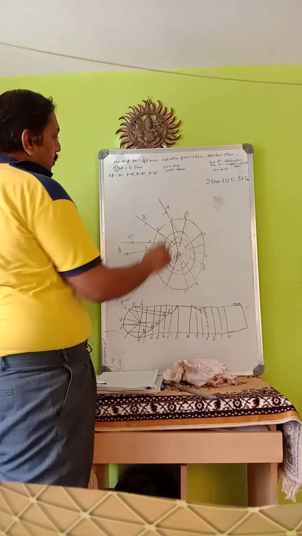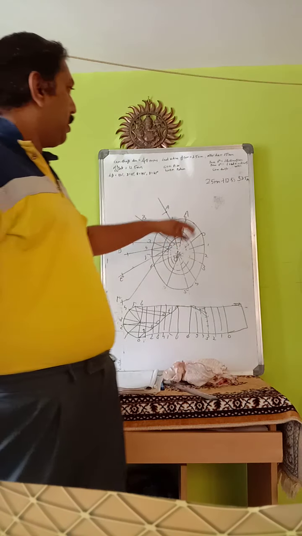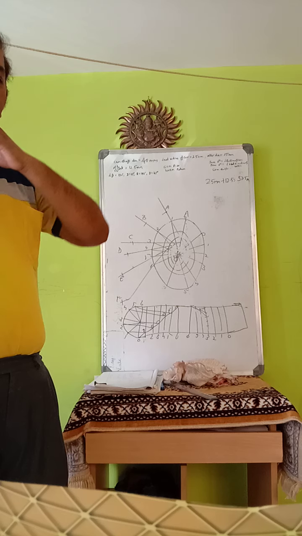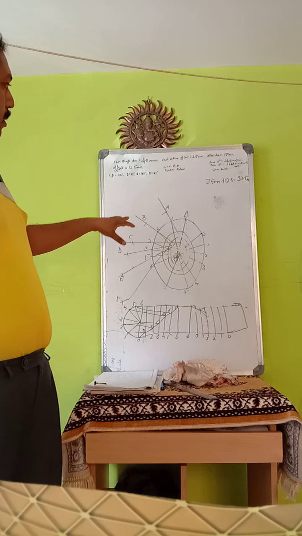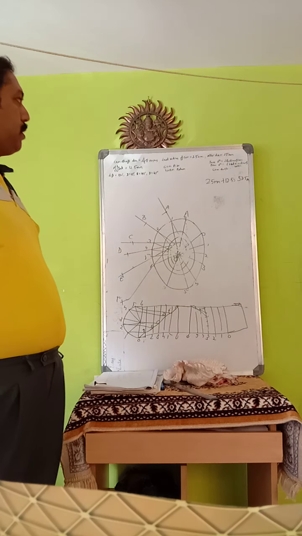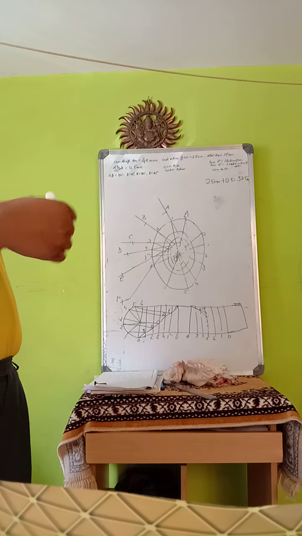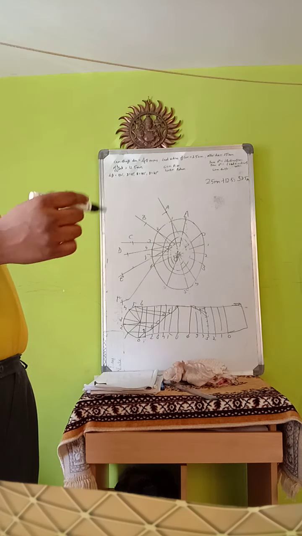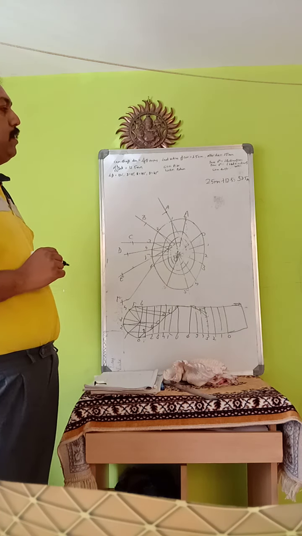Now from A, what I am supposed to do is, what is the roller diameter? The diameter of the roller is 25 mm. So diameter of the roller is 25 mm means what is the radius of the roller? The radius of the roller will be 12.5 mm.